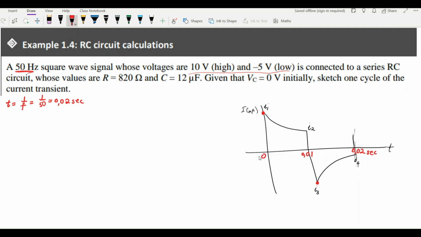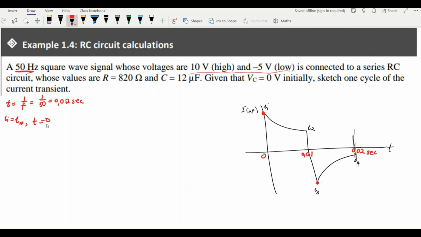Now, we need to calculate I1. Remember, I1 is the same as I max because that is the starting point. I1 will be calculated here, at t equal to 0 seconds.